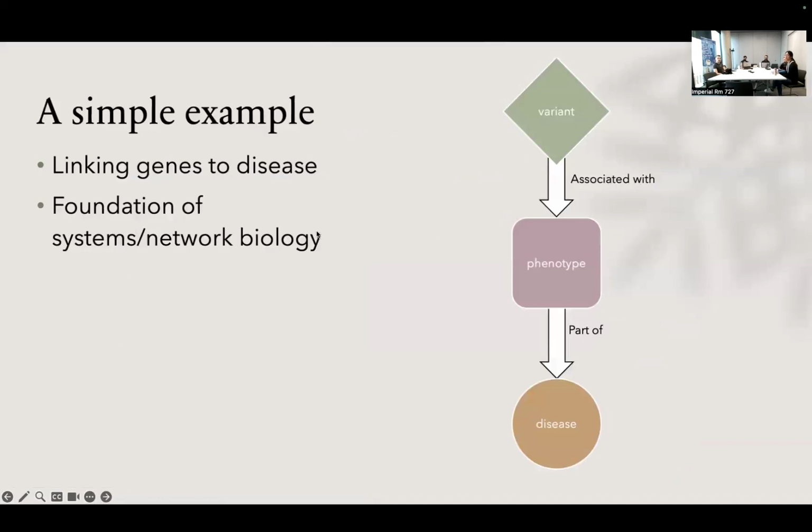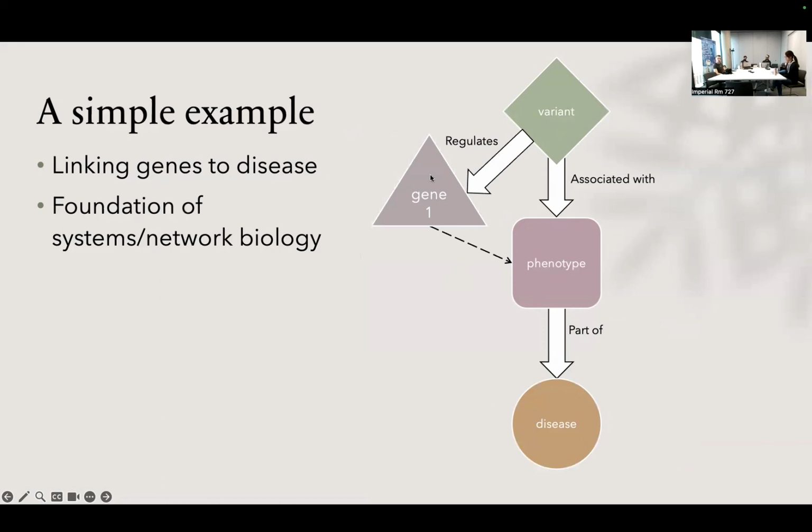So in the example that I gave before, you can start with just a simple example of variant, phenotype, disease, but then we would want to know some additional information about, well, what gene is actually mediating that relationship between the variant and the phenotype.